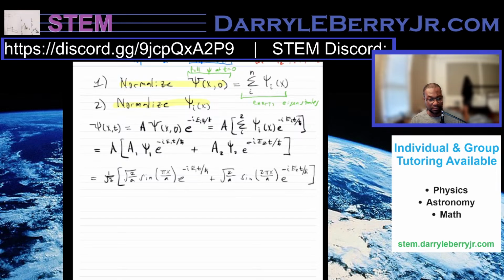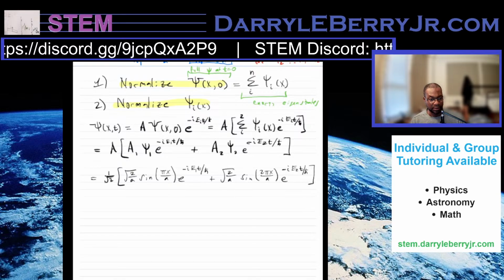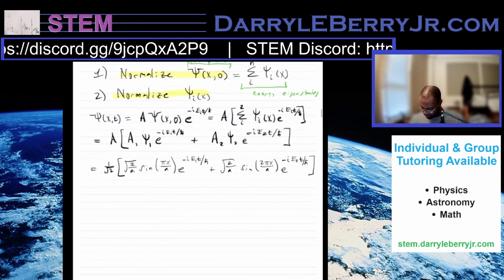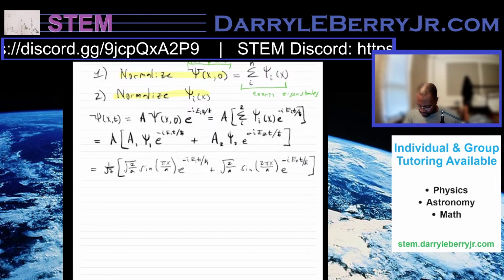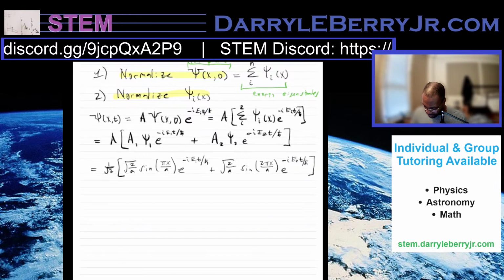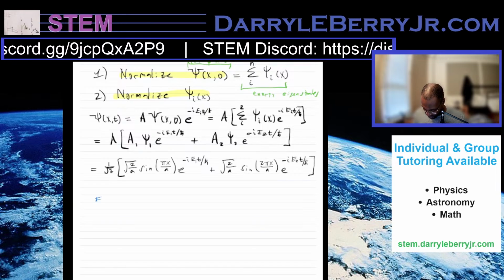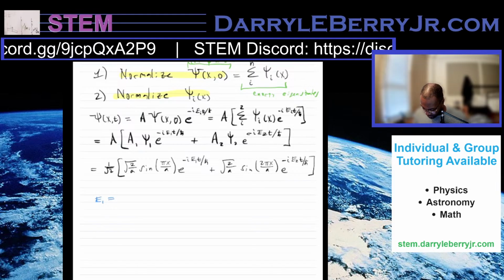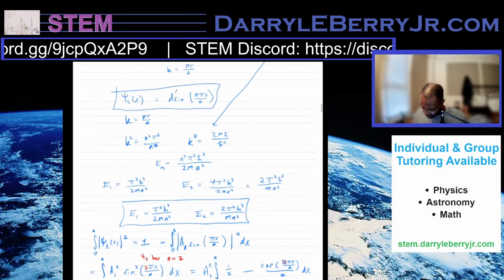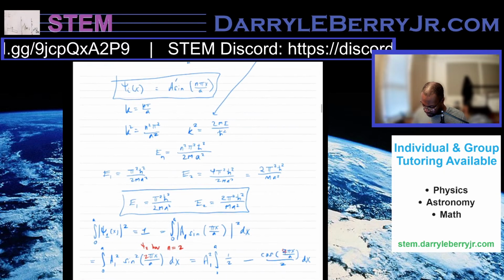Now, they take some mathematical liberties here, and they say, allows to simplify E1 equals, where did I put the E here?